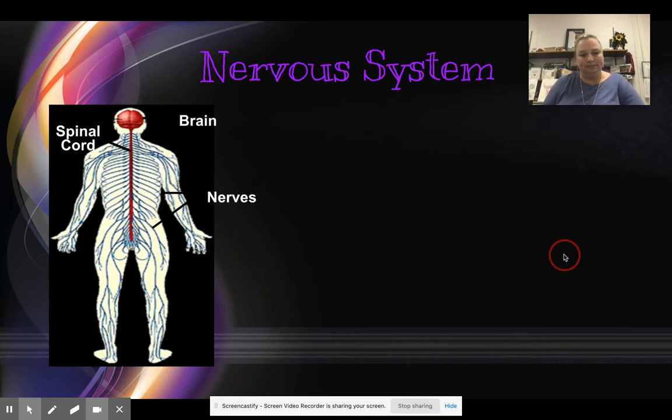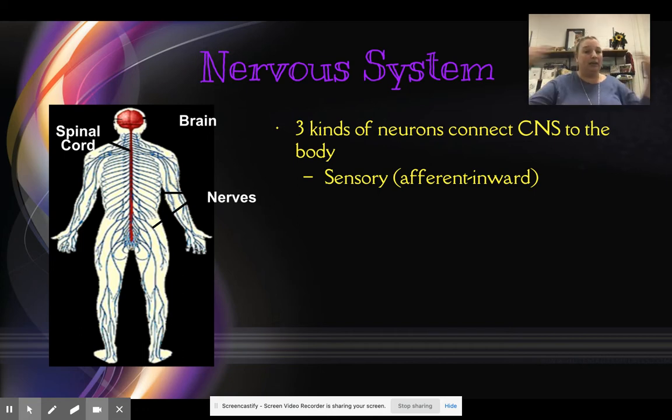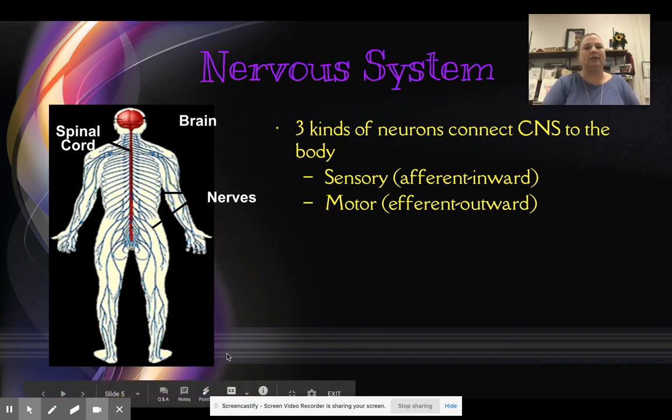Within the nervous system, there are three kinds of neurons that connect the CNS to the body. We have the sensory, the afferent or inward going neurons. We have the motor neurons, which are efferent, going outward. They're going out to your hands and your legs and your feet.